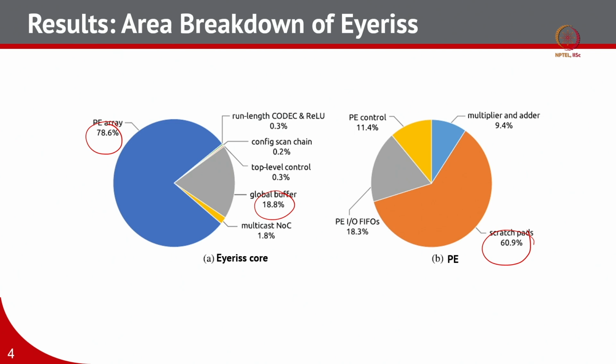So in total approximately 70% of the area is taken by the storage itself, or the memory itself, which is the case in any DNN or machine learning accelerator, where memory is probably the most critical element in the whole accelerator.